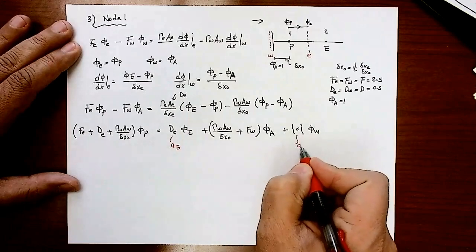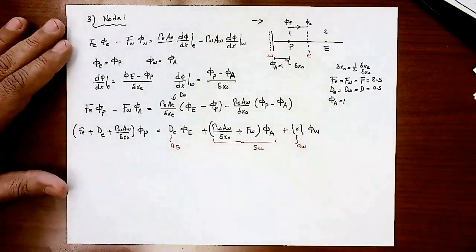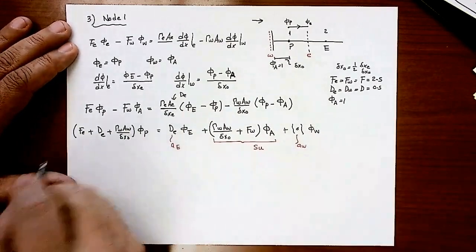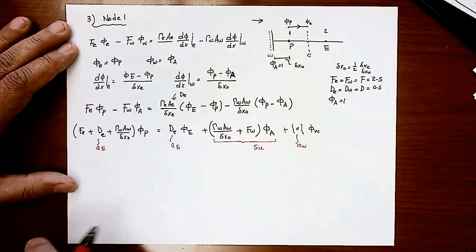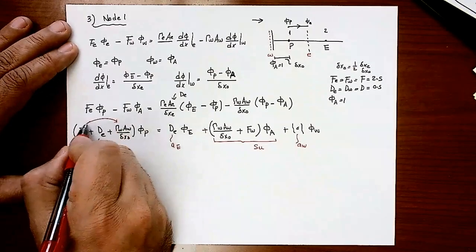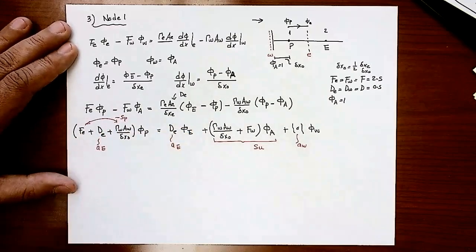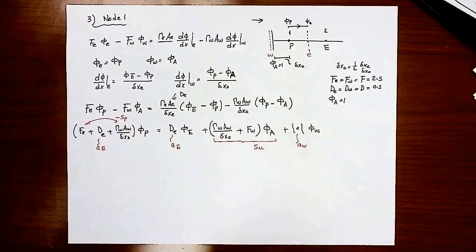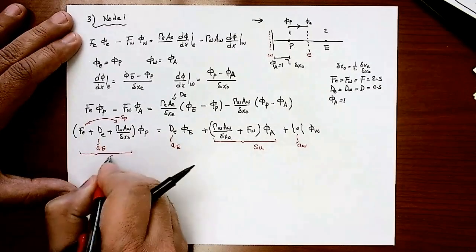A west is 0. That's totally my SU term. So I have A east is already here. Then these 2 terms together will be actually the minus SP.